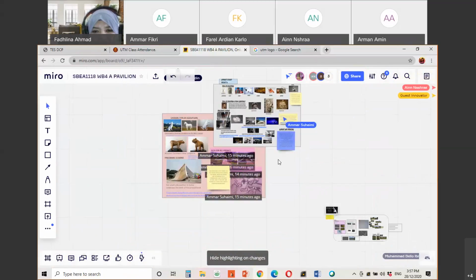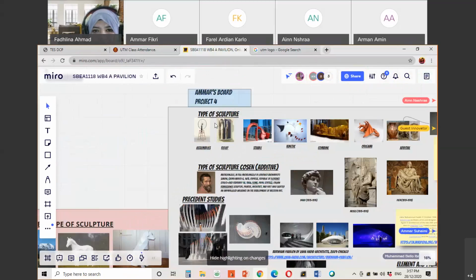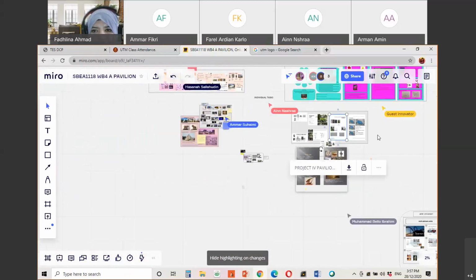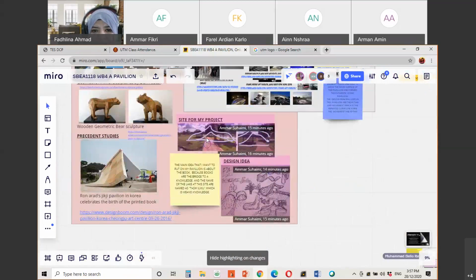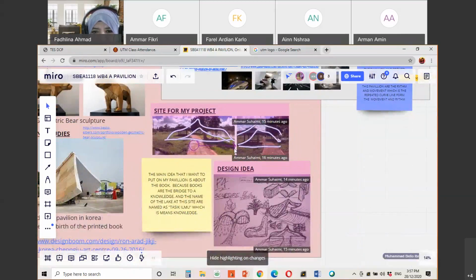But if you are saying that, how if I put Pharaoh sculptures or armor sculptures in your pavilion? Does it relate to knowledge? It can be, kan? Yes, it can be. Because I want to make more harmony between nature, which is flora and fauna. At the lake, we can only see the flora, and I want to put a figure of an animal. That means the harmony of nature, combining flora and fauna.